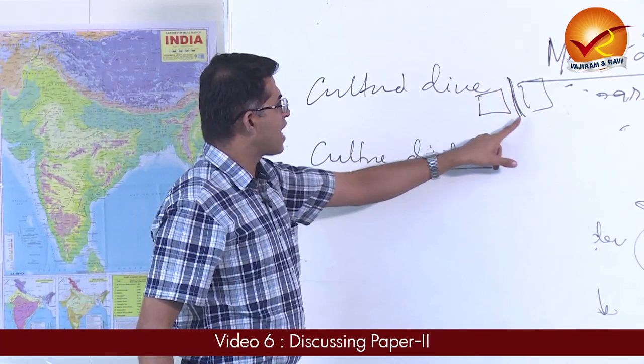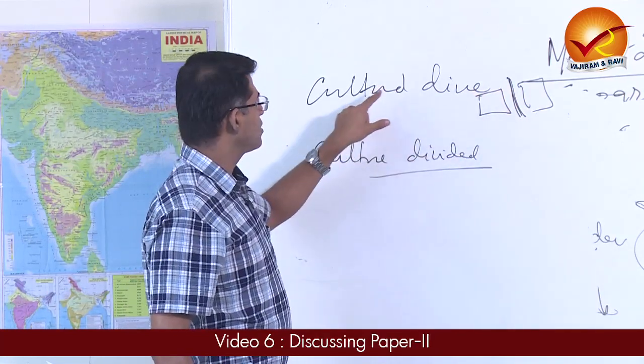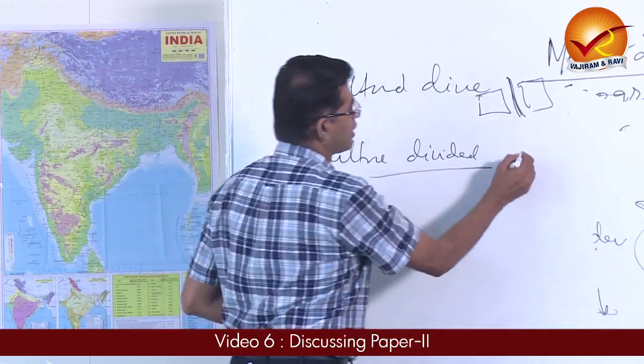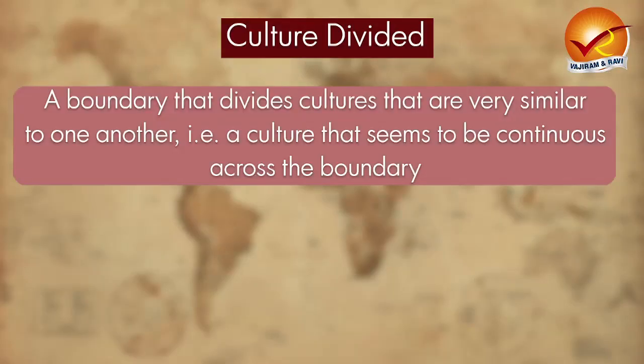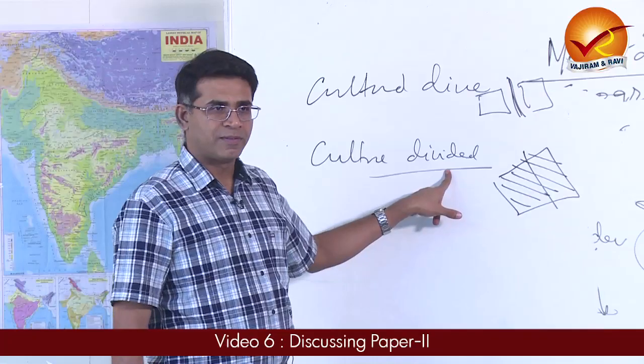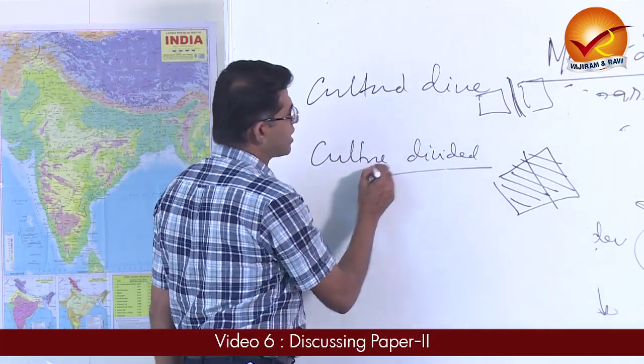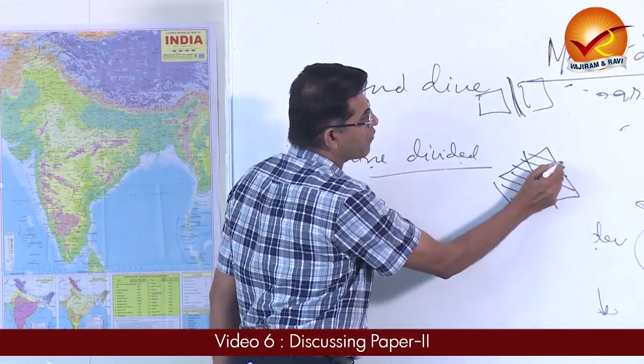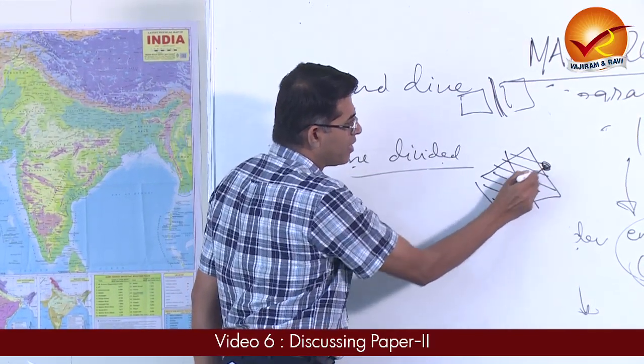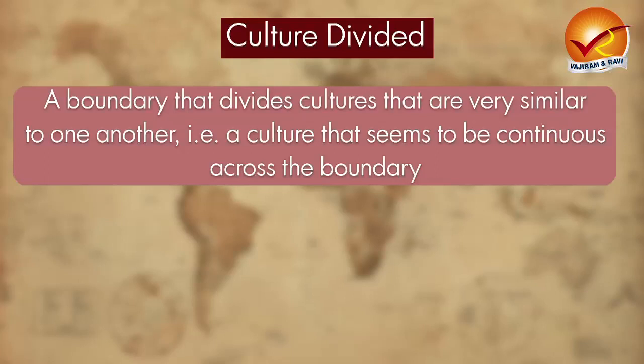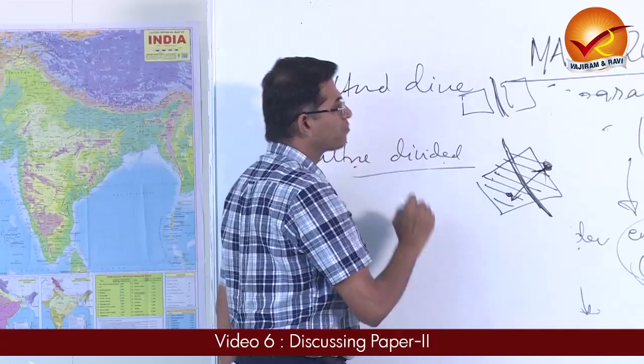So we'll call that boundary as one that is of this kind. But a boundary that is dividing a culture that otherwise seems to be continuous, then we say the boundary is resulting in culture divided. In the culture divided concept, the culture of India and the culture of the neighboring country has to be very similar, and the boundary is like a superimposed boundary, a boundary forced where the cultures are now divided.